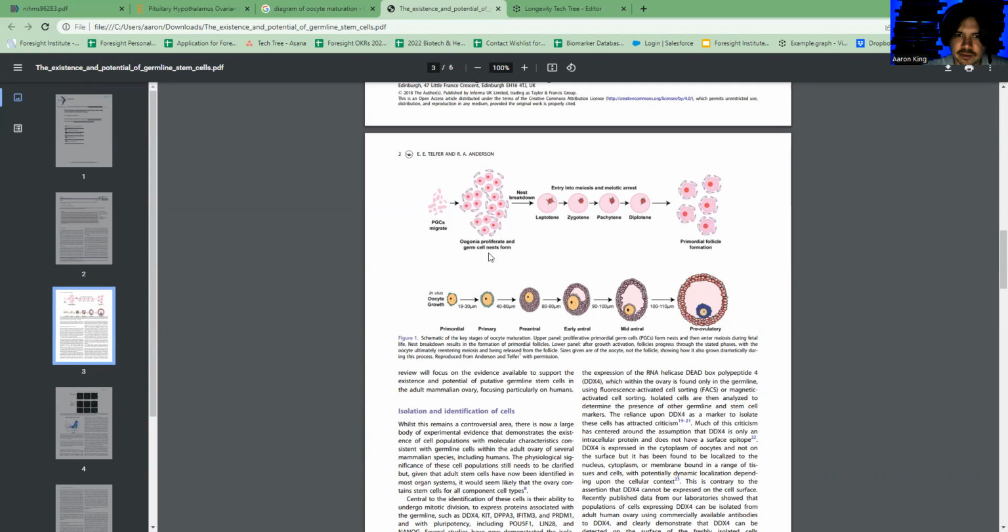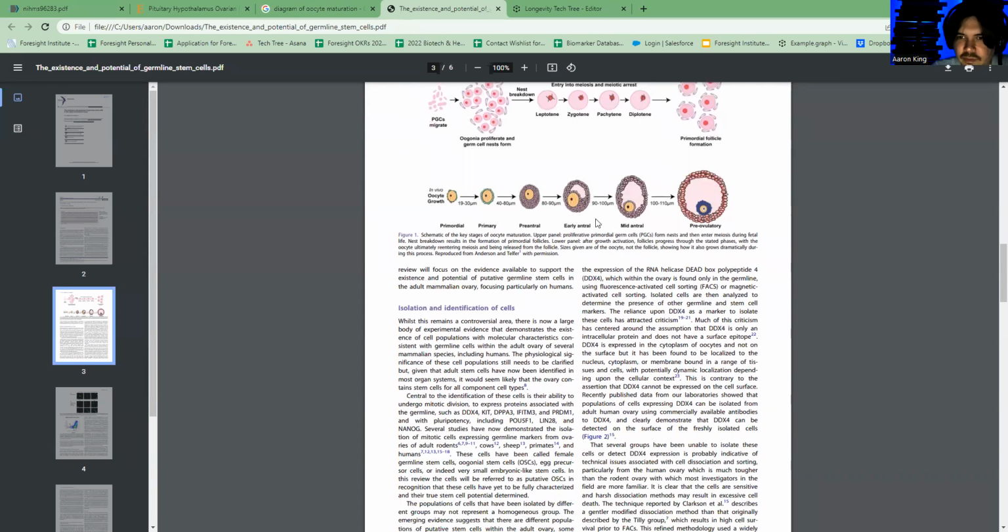Oogonia proliferate and germ cell nest form. Nest breakdown. Pre, early.